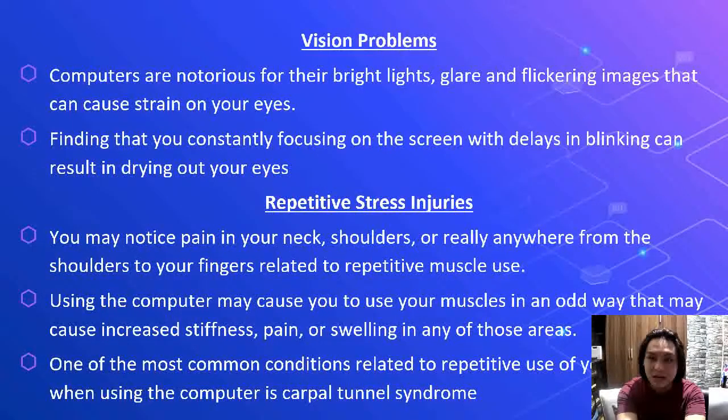It is caused by the compression of a nerve in your hand, which eventually causes numbness and muscle weakness in your hands. It is very problematic, especially when you are doing work.